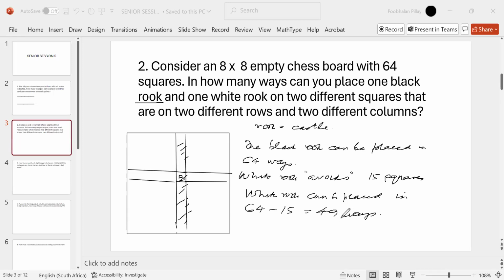All right, so therefore the two rooks can be placed: the first in 64 ways, the second in 49 ways. We've done this before.